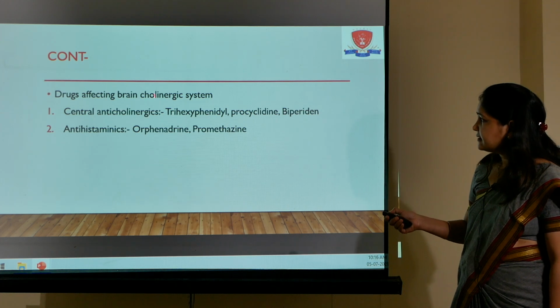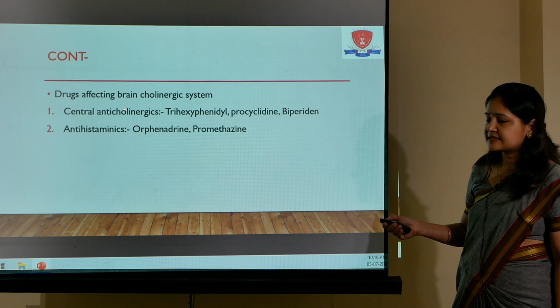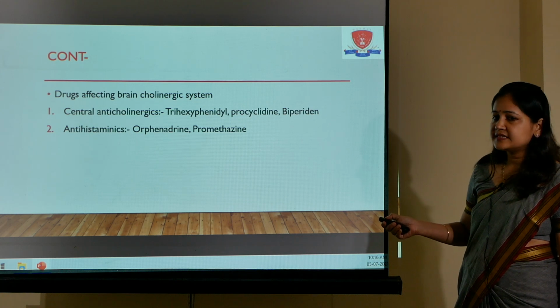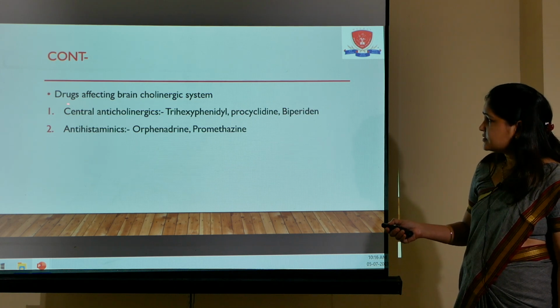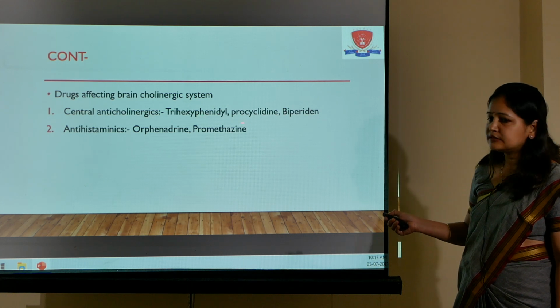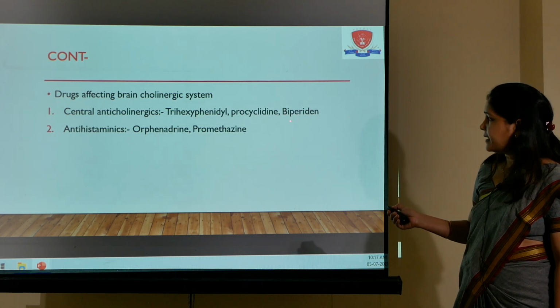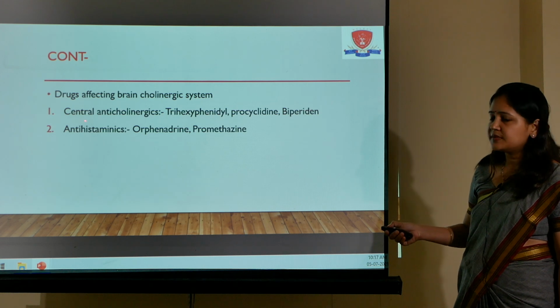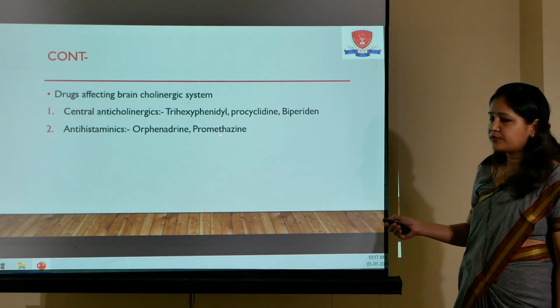Then there is another class of drugs affecting the brain cholinergic system, which decrease the cholinergic activity. These are central anticholinergics like trihexyphenidyl, procyclidine and biperiden, and then antihistaminics like orphenadrine and promethazine.